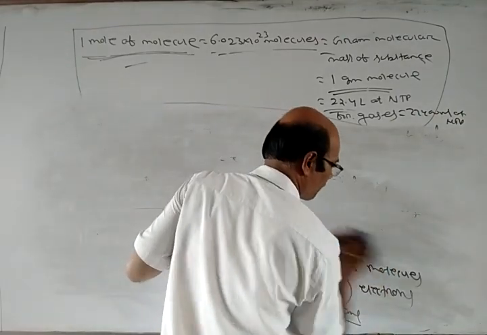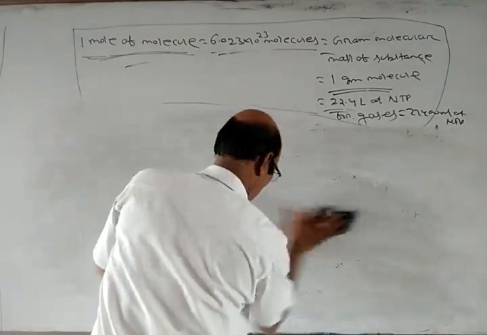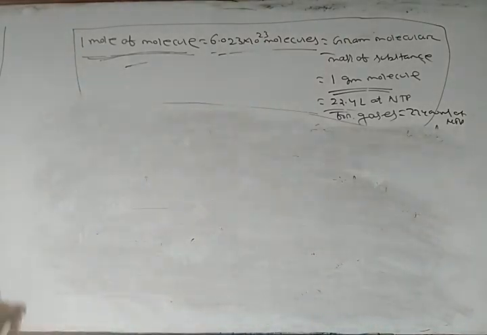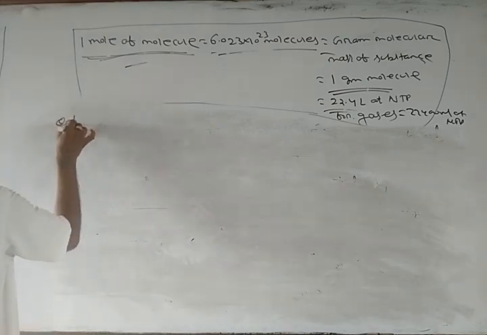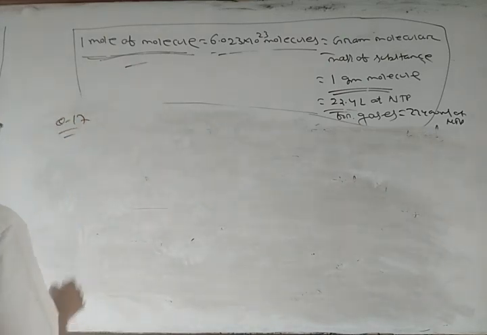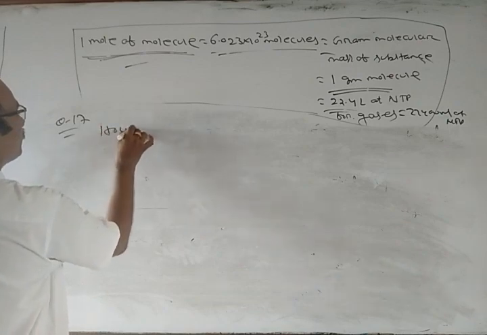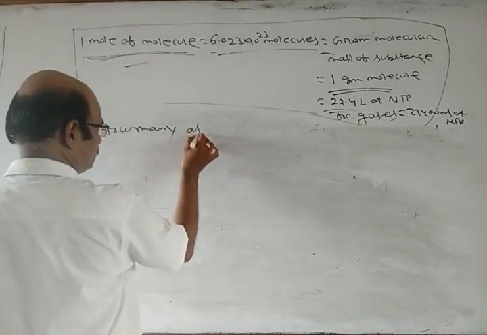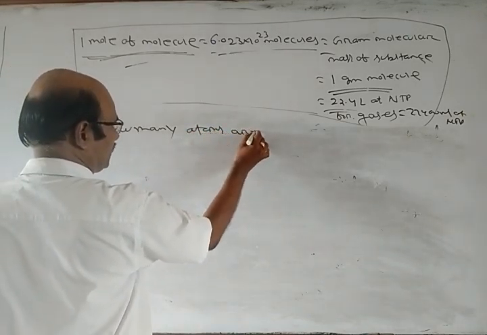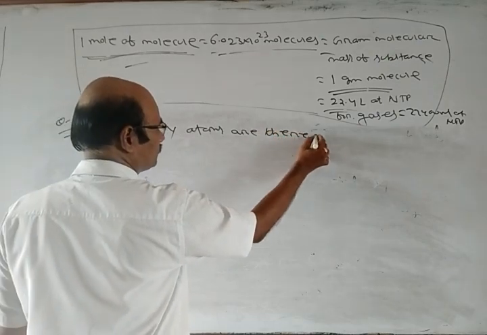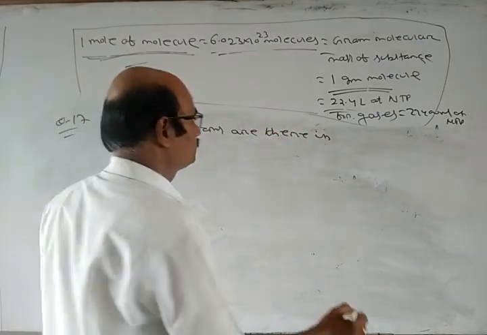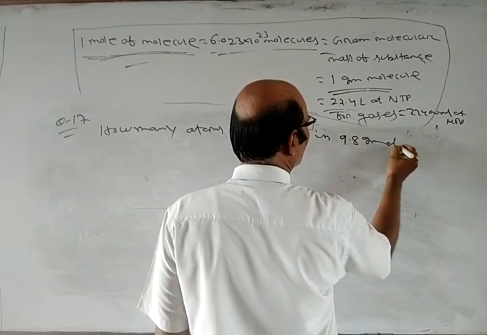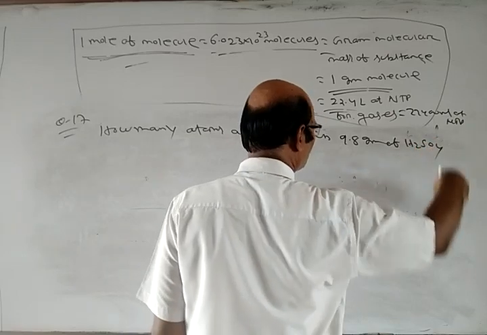Now question number 17. How many atoms are there in 9.8 gram of H2SO4?